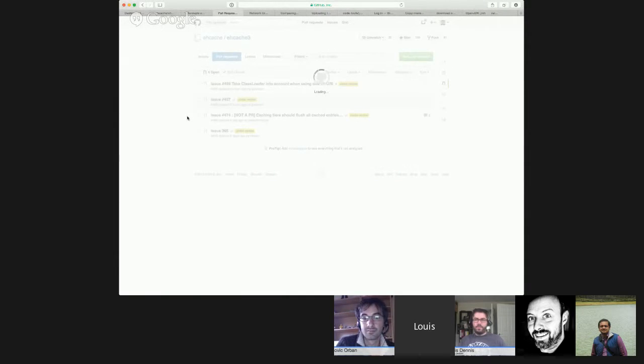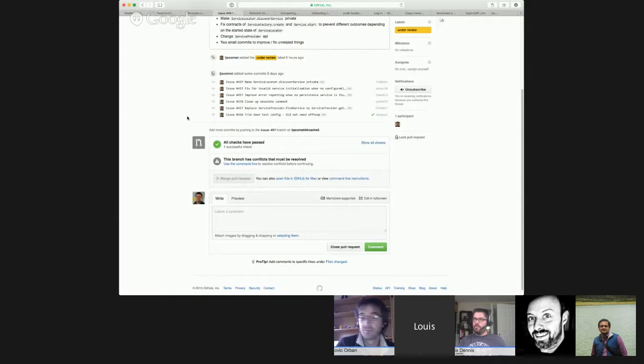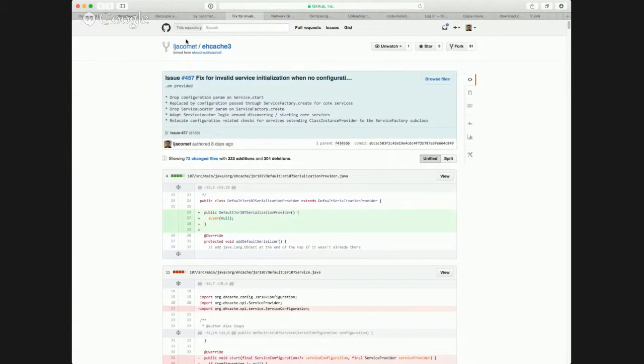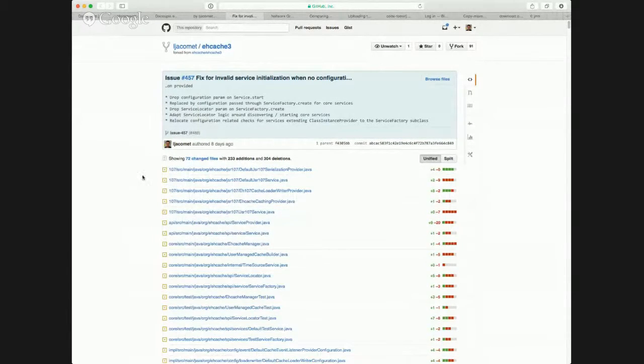I'm going to show commit per commit. I'm going to skip the first one, which is about making discover service private and a few issues that we have. So here, what I'm doing is a number of things related to fixing the way we initialize services.